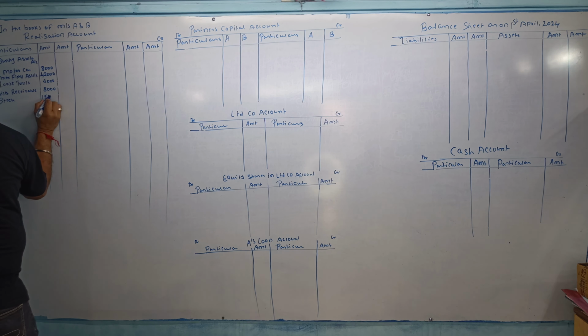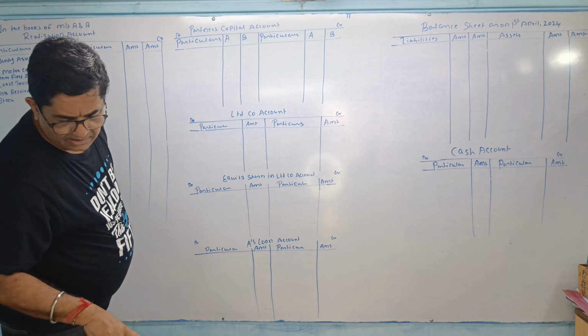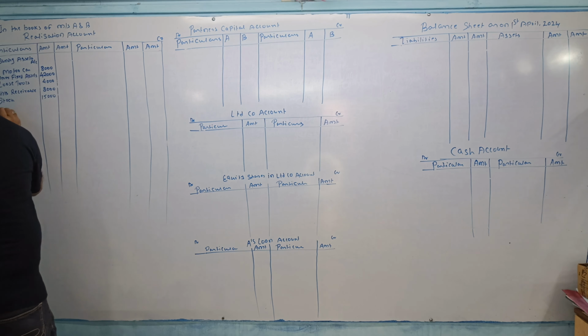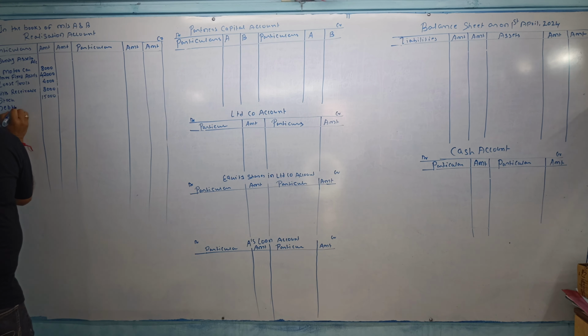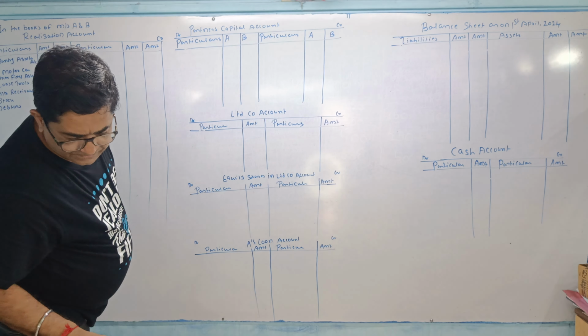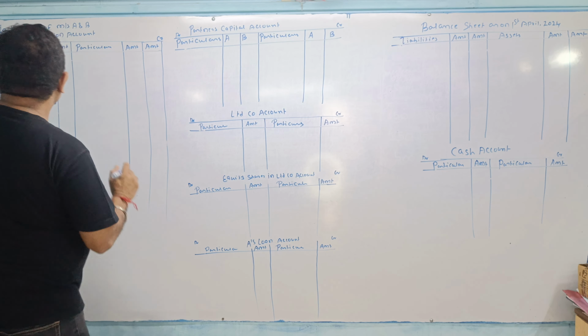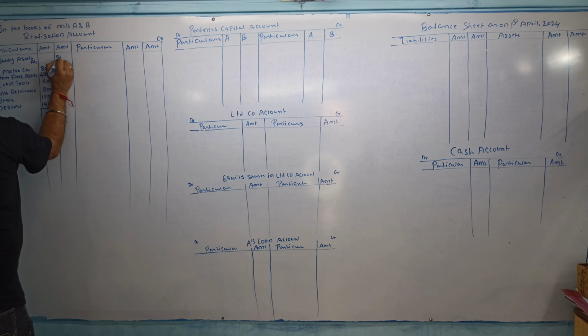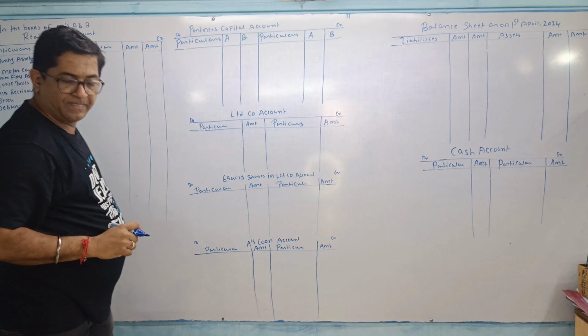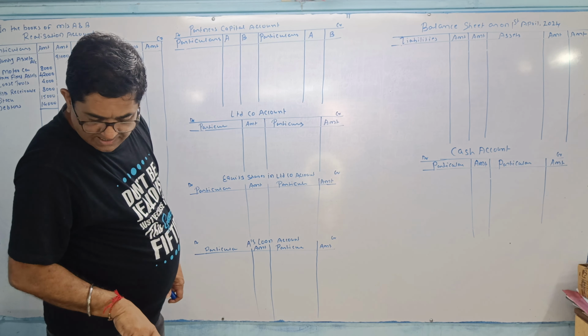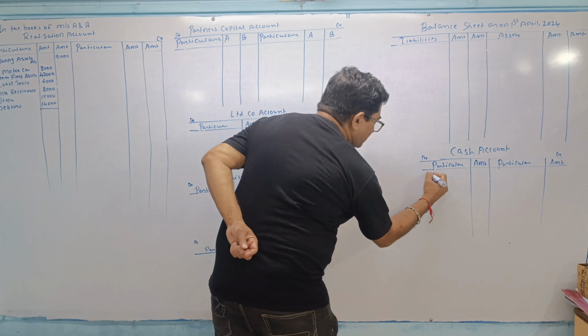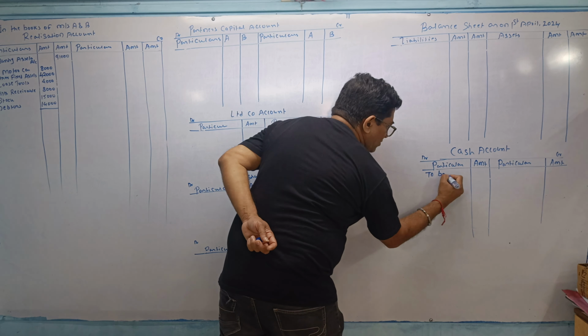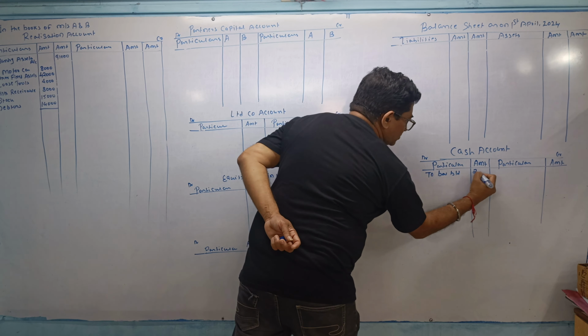And debtors 14,000. So 8 and 40 to 50, 54, 62, 77 and 14, 91. Cash balance दिया है 2,000. So cash account debit side opening balance. To balance brought down 2,000.